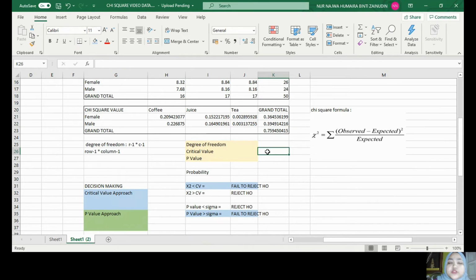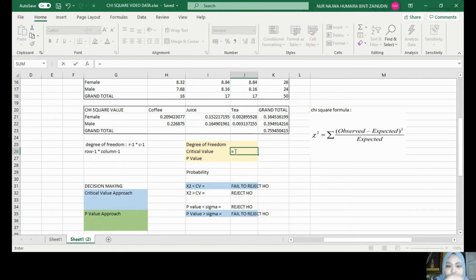There are two approaches in testing the hypothesis. First is critical value, and the second one is p-value. To find the critical value, you just have to use the formula CHISQ.INV.RT.